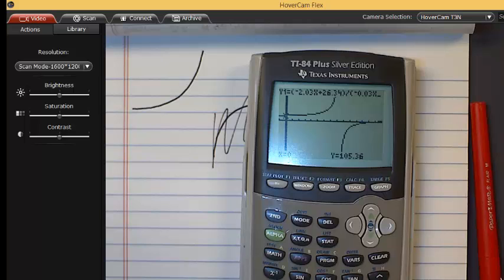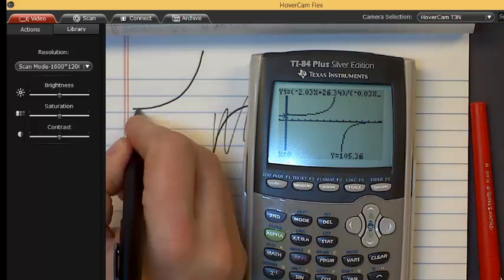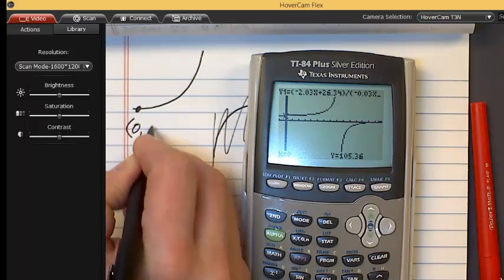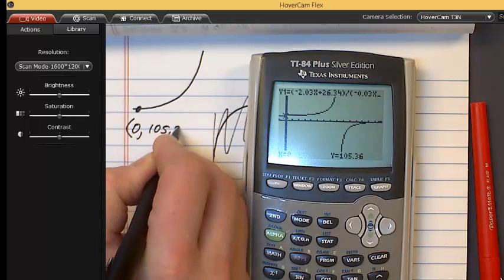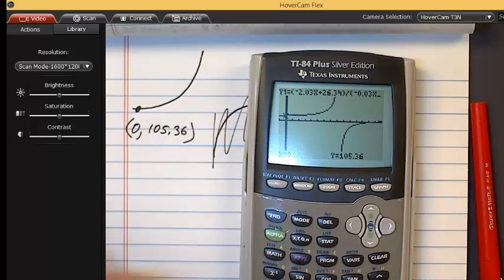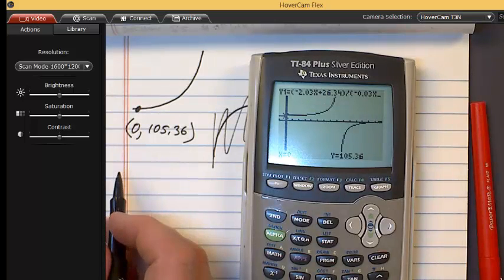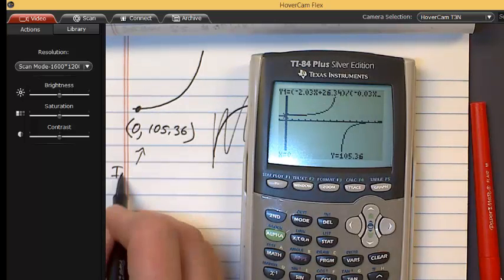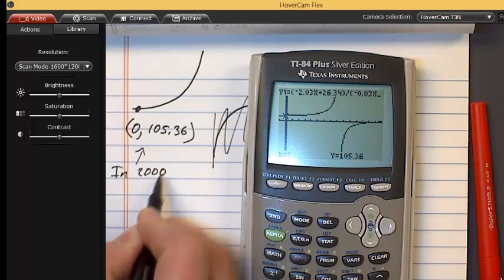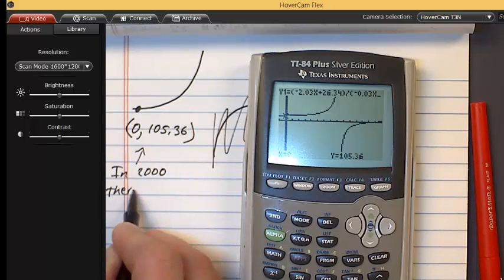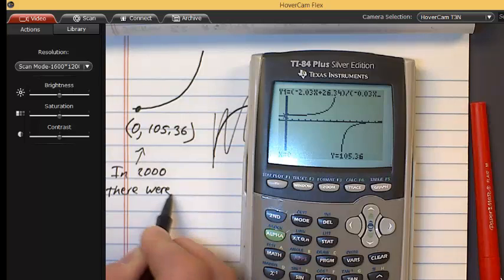And so what does this mean? It says 105. So we have the point 0 and 105.36. That means what? If you had to interpret that. In 2000, there were 105,000 unemployed.